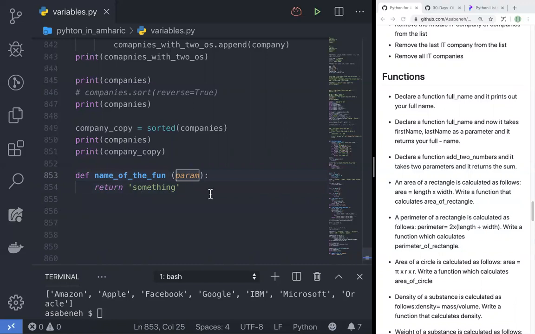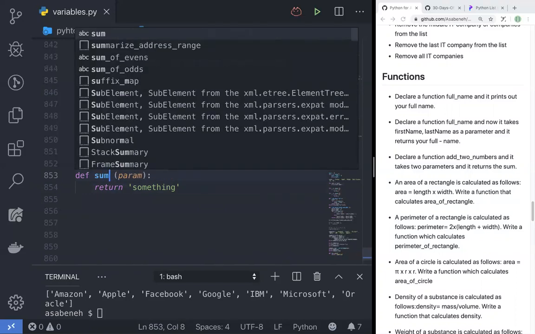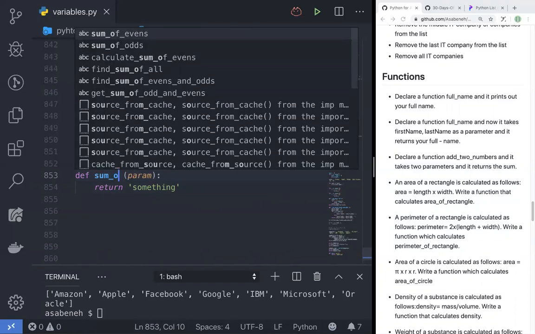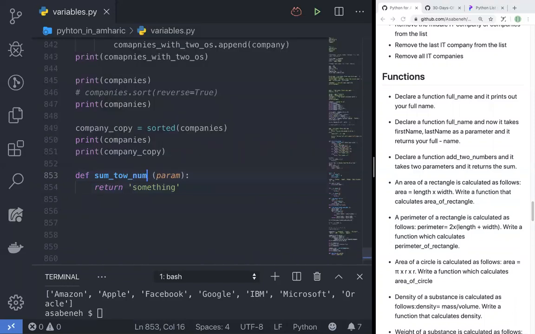This is just a skeleton of a function. For example, let's turn this into sum of two nums. Oh, how do I write two? Sum two nums. It clearly takes two parameters, a and b.